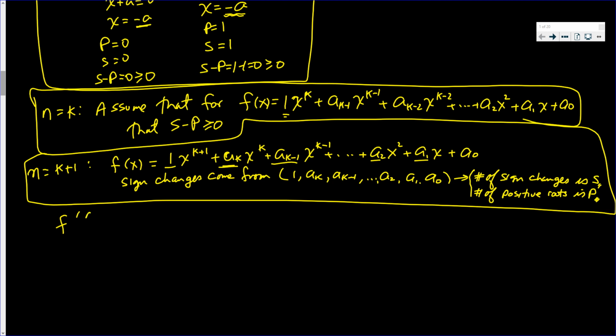Now it turns out that f prime of x, taking the derivative of this polynomial here, will be k plus 1 times 1 x to the k, plus k times a sub k x to the k minus 1, plus k minus 1 times a sub k minus 1 x to the k minus 2, all the way down to 2 times a sub 2 x, plus 1 times a sub 1.